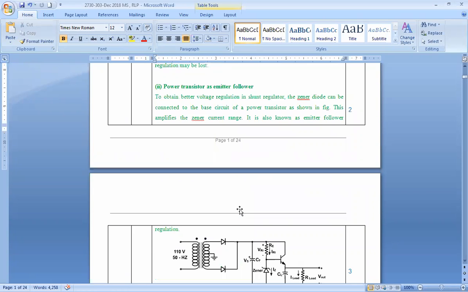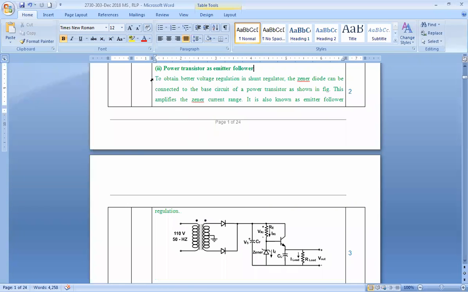Now, if you see here, this is your transformer, which is capable of 110 volts and 50 hertz. As I mentioned previously, you have step up transformers and step down transformers, right? And then you have these diodes and the transformer turns connected to ground, right?